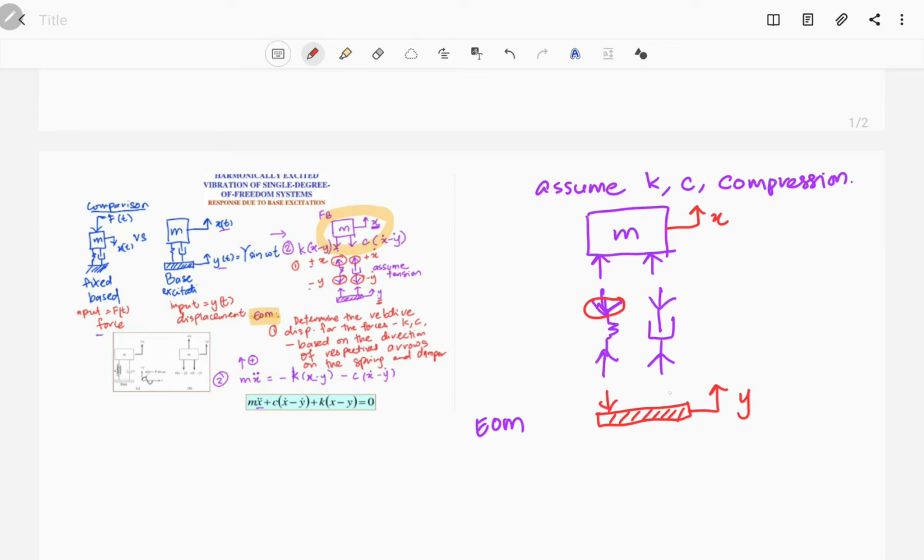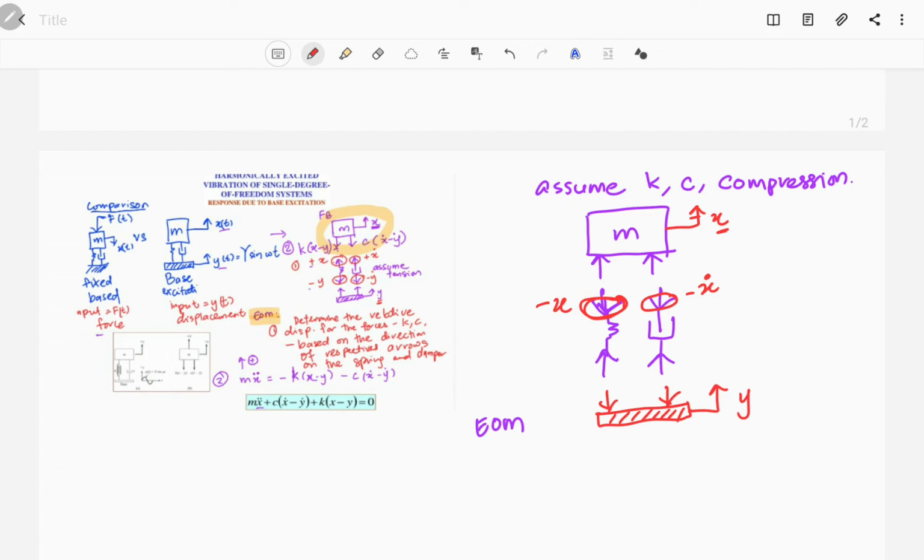If you look at this arrowhead, on this side you have to look at the direction of X. So it's opposite. That's why the damper will get negative X dot, because it's opposite to the X direction. So that one will get negative X as well.